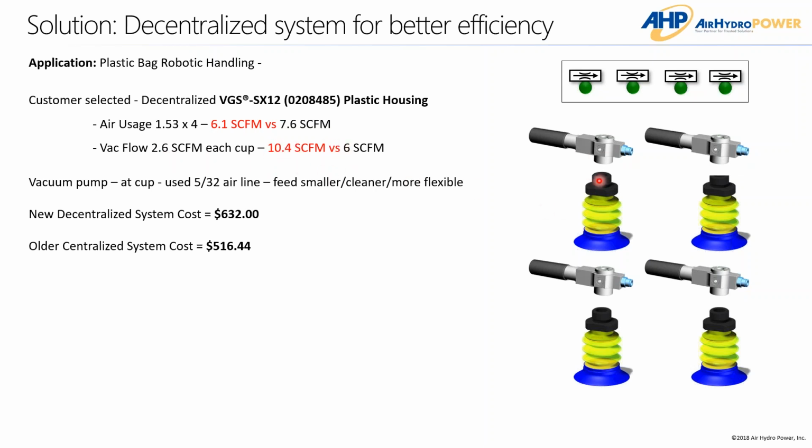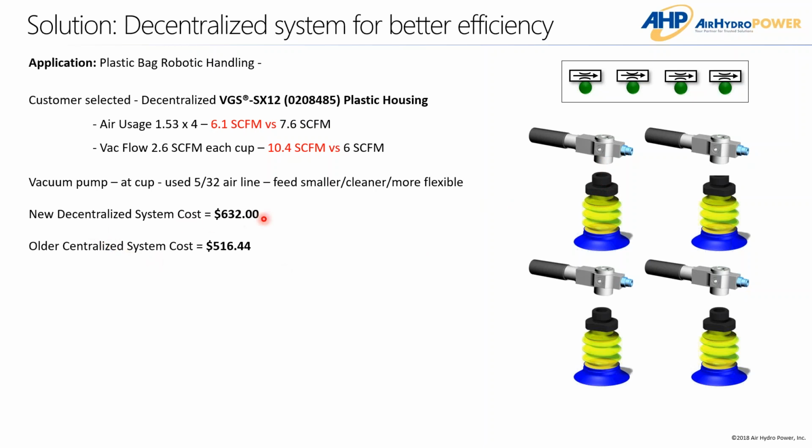Whether it was just needing that extra vacuum flow, or a more efficient system, not having to worry about any leaks or pressure drops in the centralized system, they were able to fix their problem and gain more control of their application and their picks.